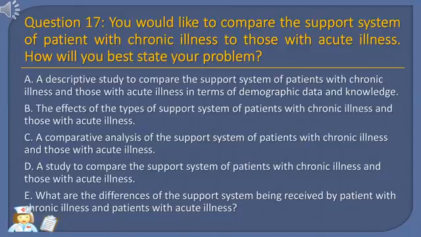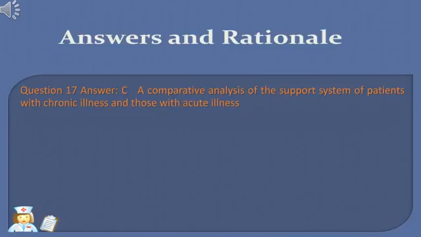C. A comparative analysis of the support system of patients with chronic illness and those with acute illness. D. A study to compare the support system of patients with chronic illness and those with acute illness. E. What are the differences of the support system being received by patients with chronic illness and patients with acute illness? Question 17 answer: C. A comparative analysis of the support system of patients with chronic illness and those with acute illness.